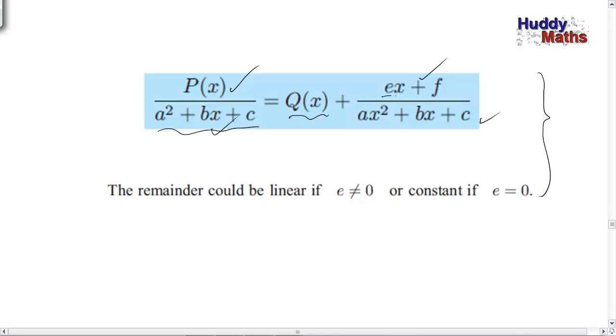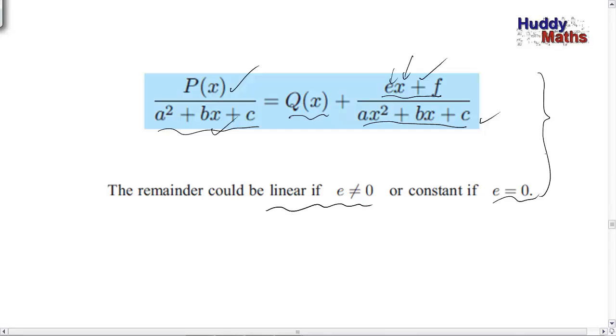Notice that this could have x in it this time, because you're dividing by a quadratic. So once you get down to a power in the remainder less than 2, then it won't go again. So you could have a linear expression, one with x in it, as long as this e is not naught, or it could be a constant if e was naught.